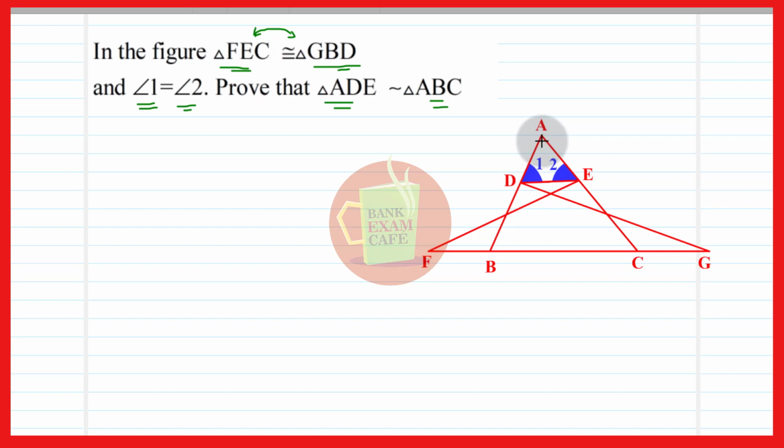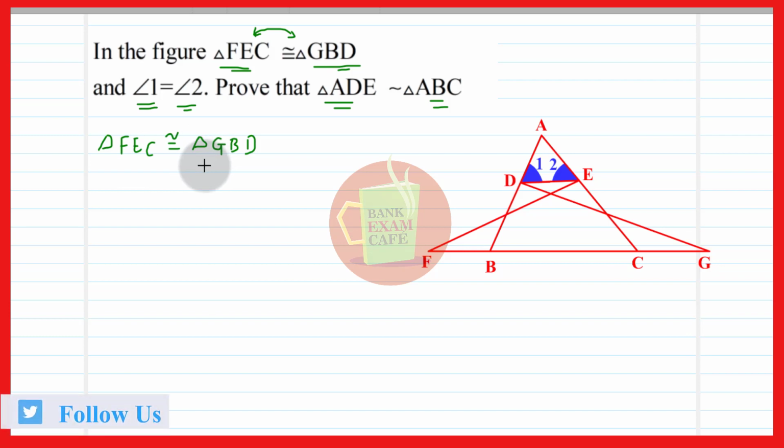Now here friends, first it is given that triangle FEC and triangle GBD are congruent. So triangle FEC is congruent to triangle GBD. Since these two triangles are congruent, their corresponding sides will also be equal.